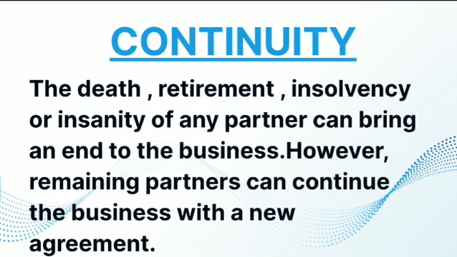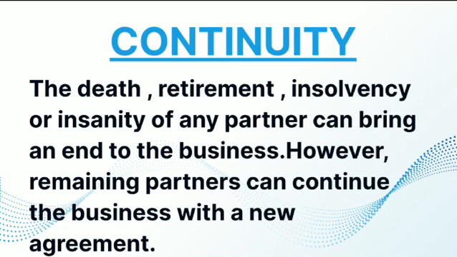However, remaining partners can continue the business with a new agreement. Yes, if anything happens to Karta, it will continue. But if anything happens to any one of the partners, sometimes the business may wind up. If the partner especially is Karta or an active partner, then business may lead to closure.